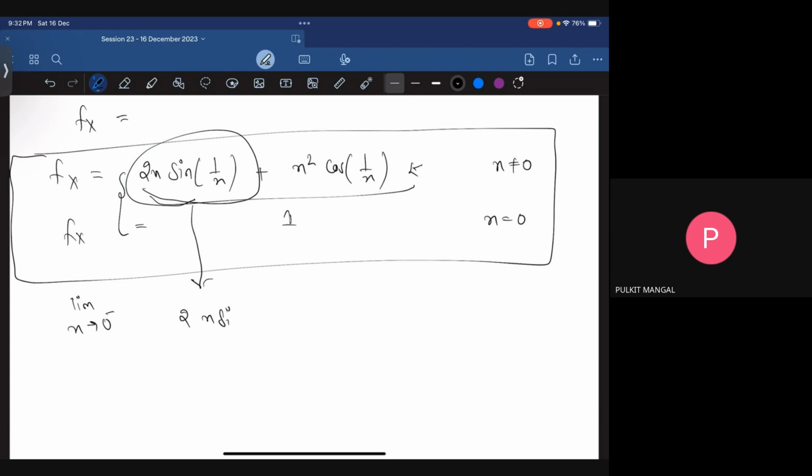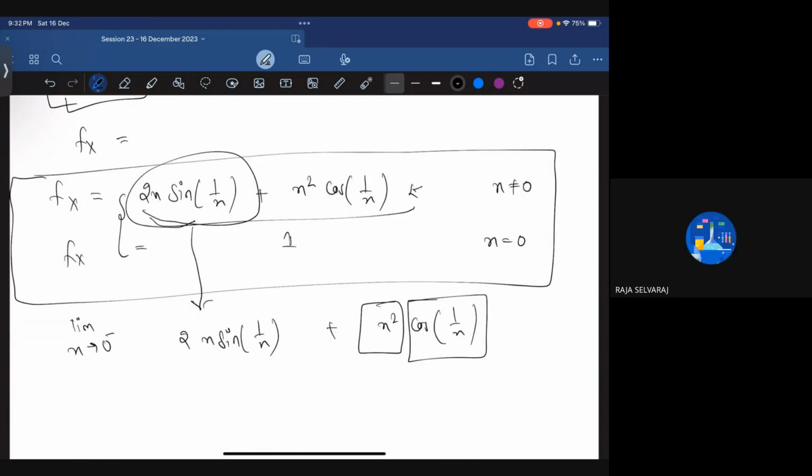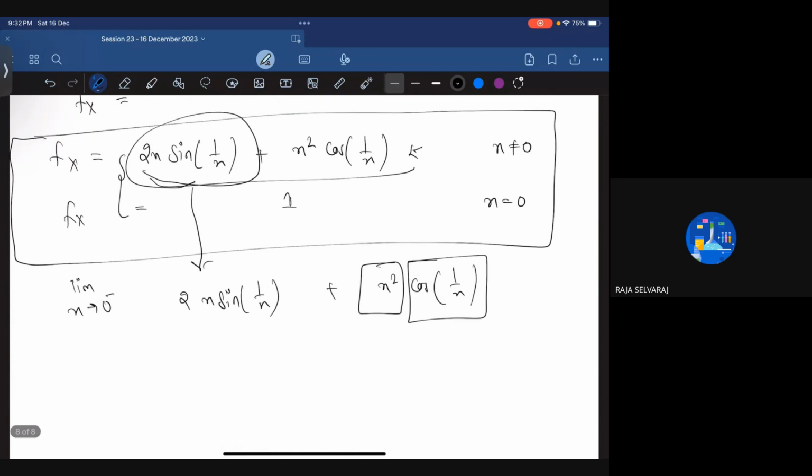This exists at (0, 0), right? It will approach 2 when you apply the limit.